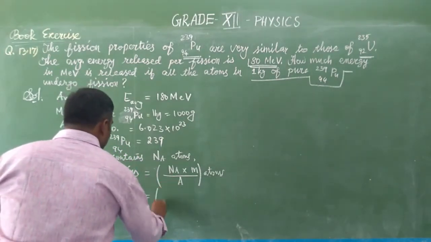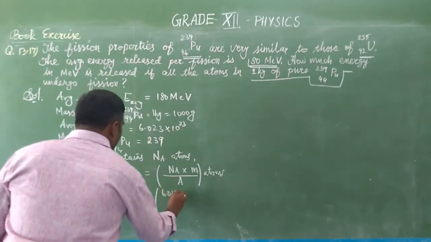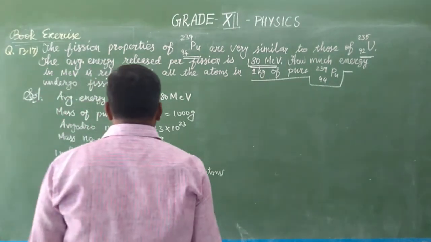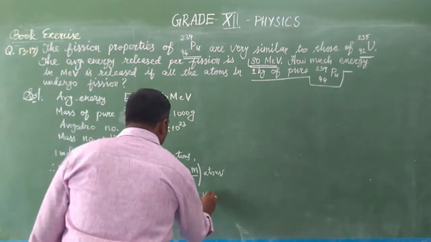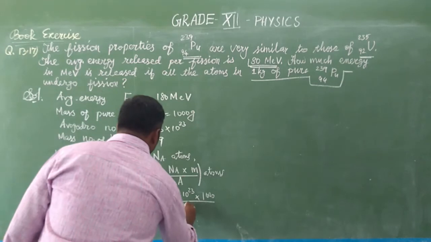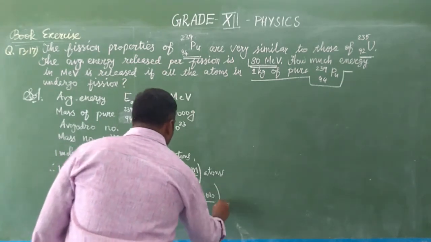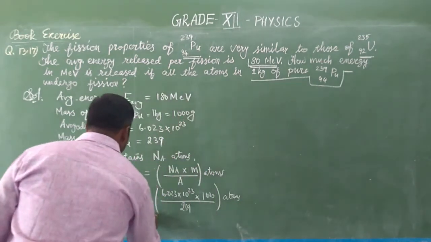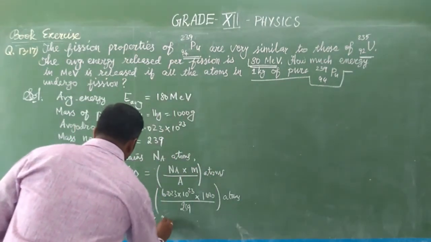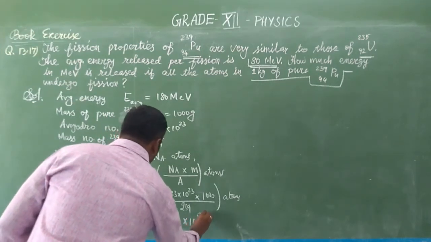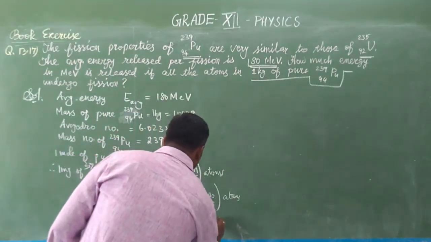Avogadro number 6.023 into 10 to the power 23 into the mass of the pure plutonium, it's 1000, no? Divided by the mass number of the plutonium, 239 atoms. Which is equal to 2.52 into 10 to the power 24 atoms.